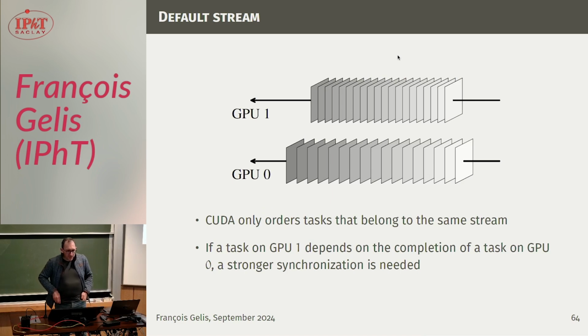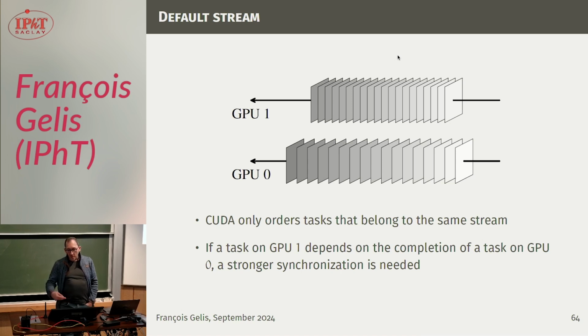This is something I already mentioned: if you have 2 GPUs, the sequences of CUDA events on the 2 GPUs are not synchronized at all. So if a task on GPU 1 depends on the completion of another task on GPU 0, you need to do something.